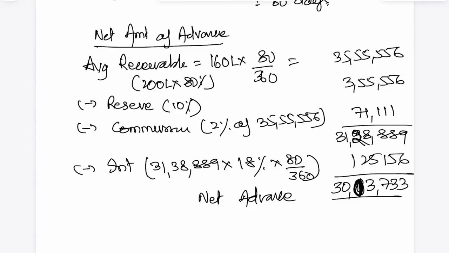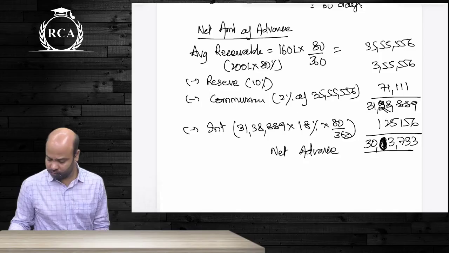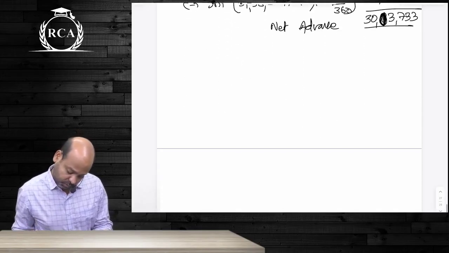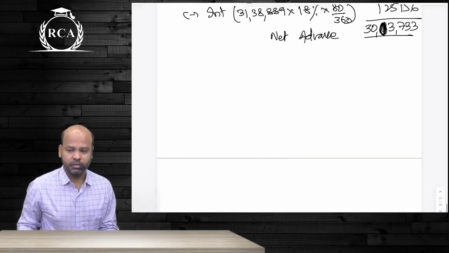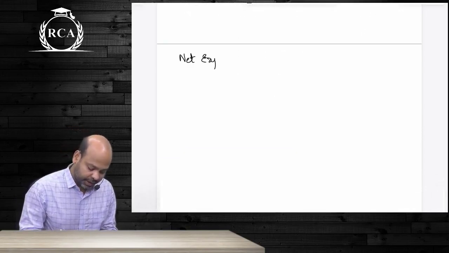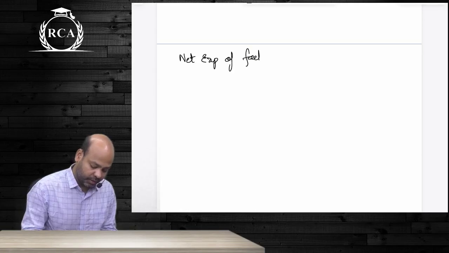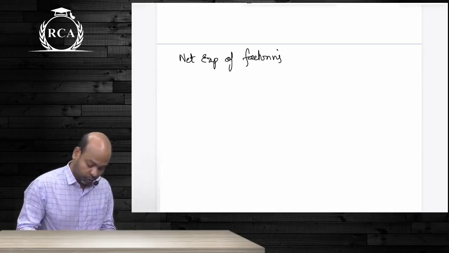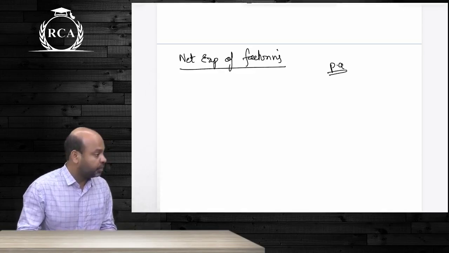वो तो लेता ना बेटा पूरे. हाँ. What is our net expenditure, guys, of factoring? You can directly present the answer on a per annum basis. केशव, कितना है बेटा?